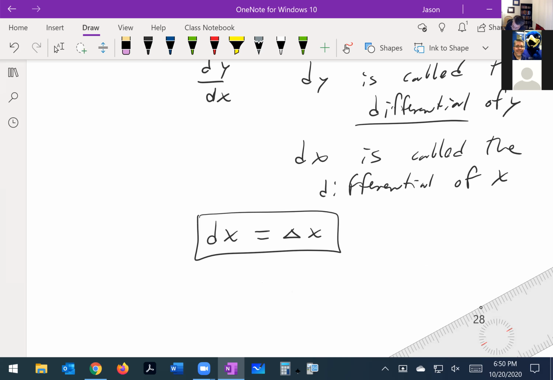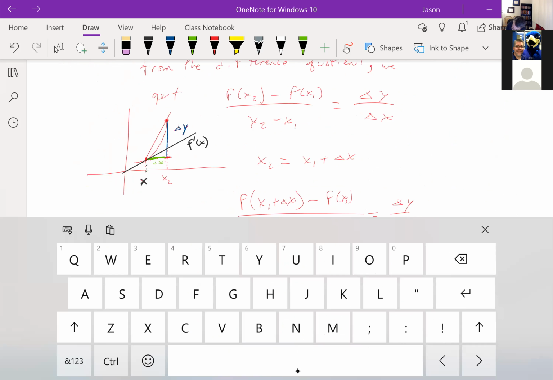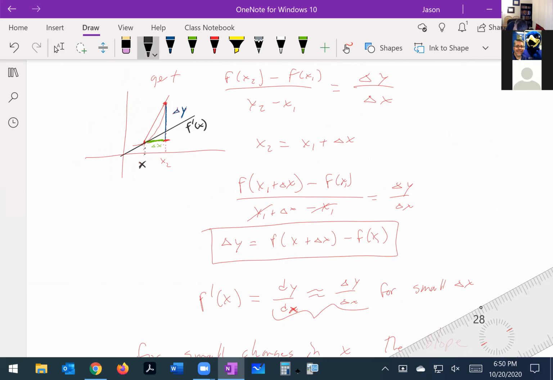I want to go back to the diagram and show you exactly what's happening here. This guy here in black, this length is called dy. That's the differential of y. That's how much I'm going up on the slope of that tangent line.